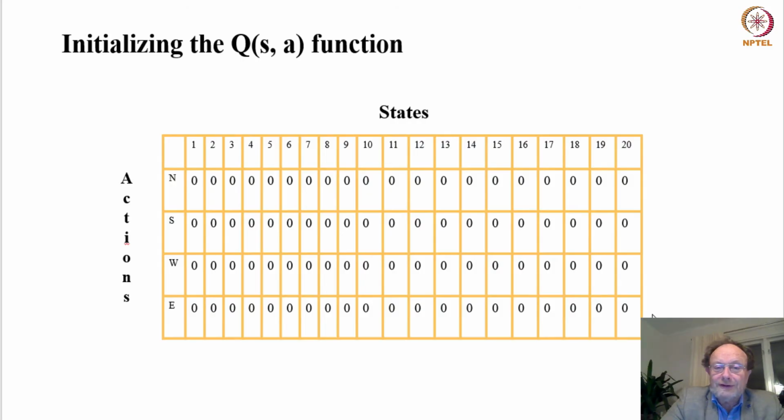I think I said something wrong earlier. You see here the actions are the rows, and the states are the columns, not the opposite. And this is the initialization, where in this case we have just set all the values to 0.